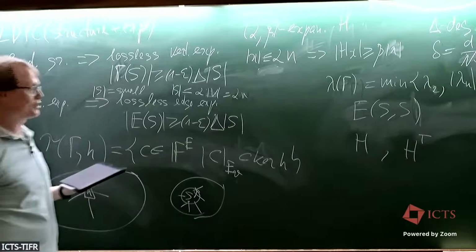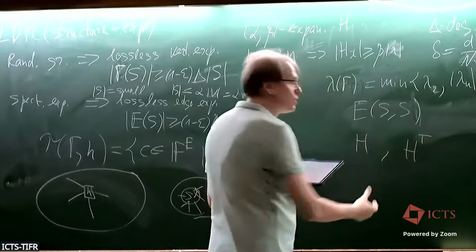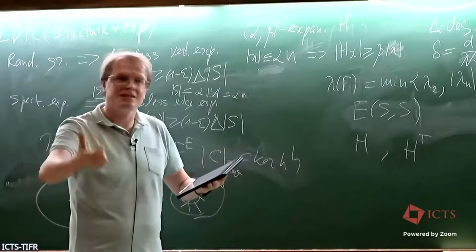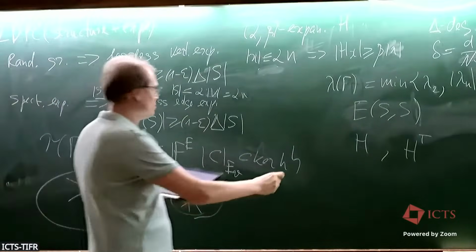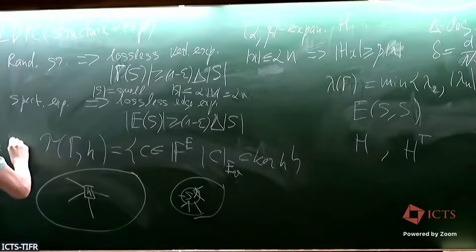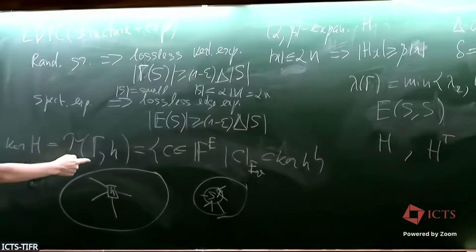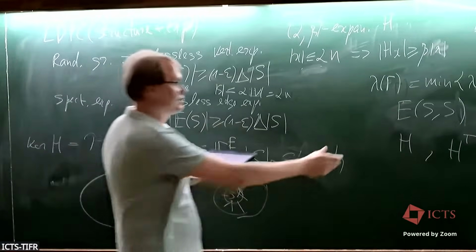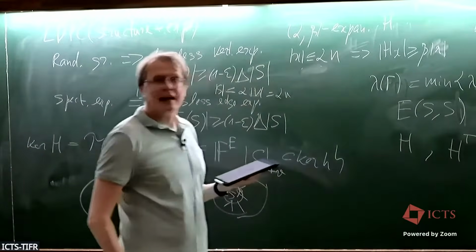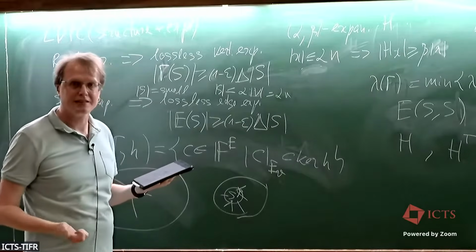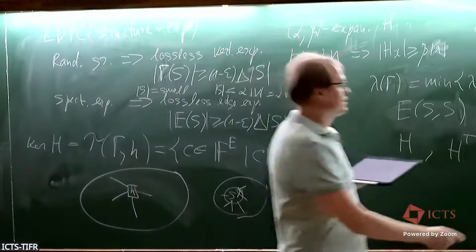Typically when we consider Tanner codes, we consider just the standard code defined by the kernel of H, where H is the parity check matrix of the Tanner code. But we can also consider the code defined by the transposed matrix. It turns out that this code is also very interesting, and it has the following interpretation.